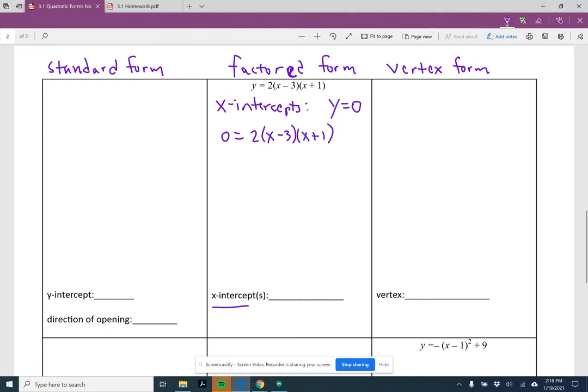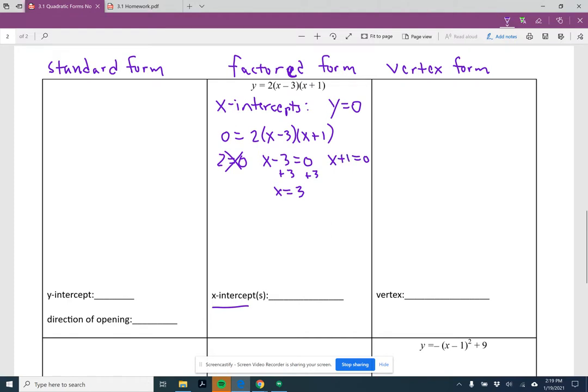We have an equation that's easy to get solutions for. The only way a product can equal 0 is if one of the factors is 0. 2 is never 0. But if x minus 3 is 0, in other words, if x is 3, we'll have 2 times 0 times something else.